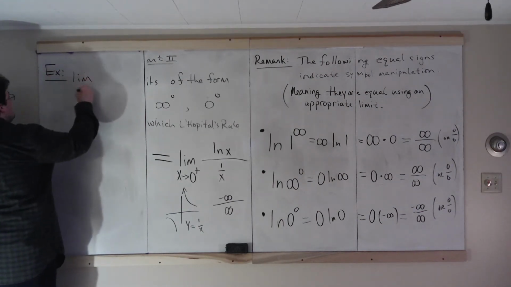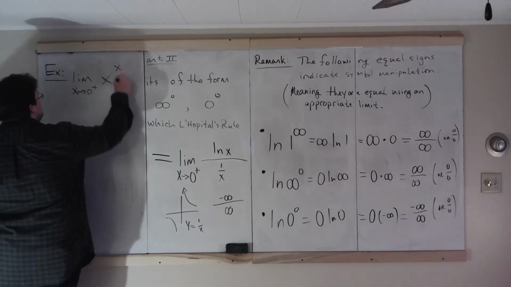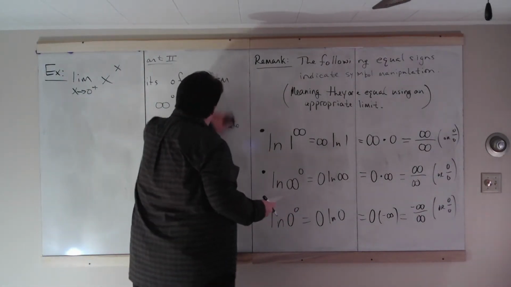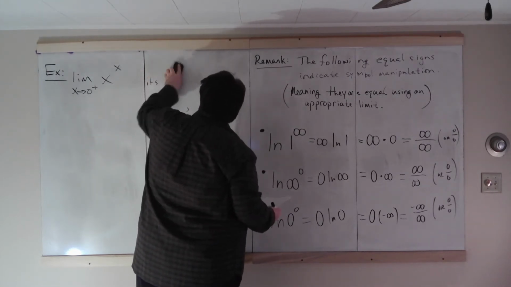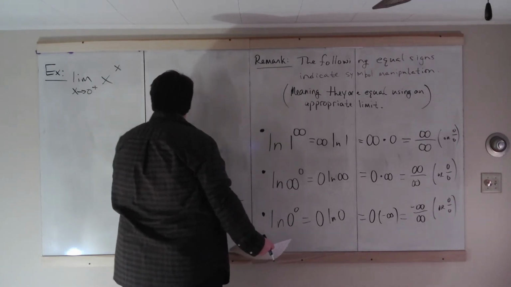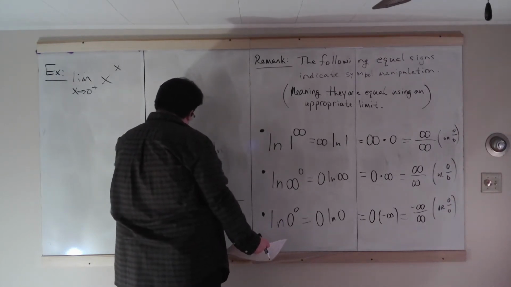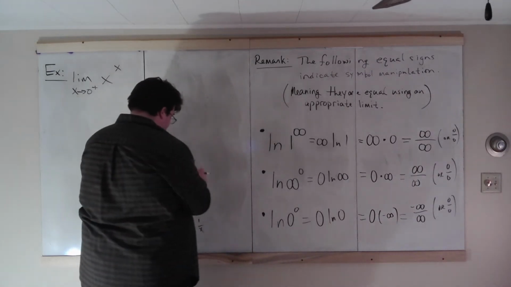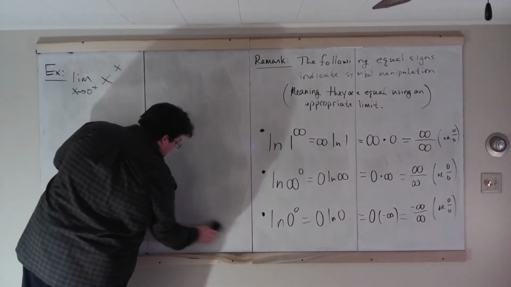Limit as x approaches 0 from the right of x to the x. So right here you try a substitution, you get a 0 to the 0. And we can see by that last line down there that if we throw a logarithm on that, we can make it look like an infinity over infinity, or 0 over 0. So let's do that.